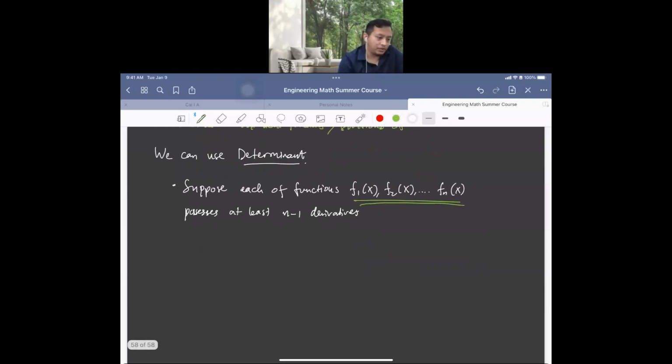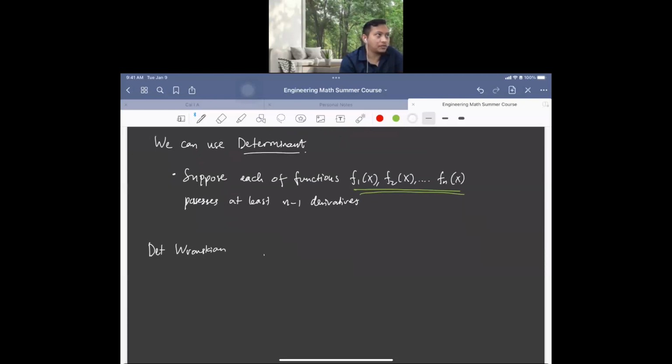So we call the determinant the Wronskian, which we usually write as W(f1, f2, until fn).